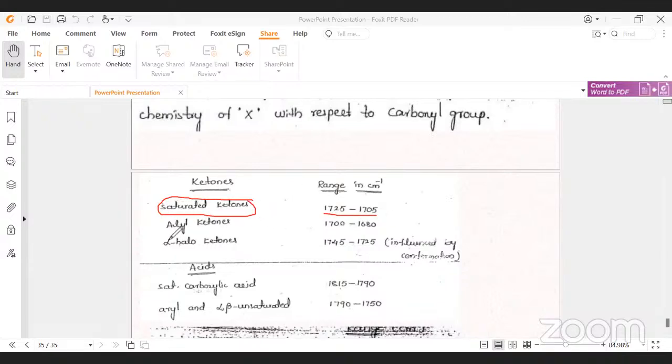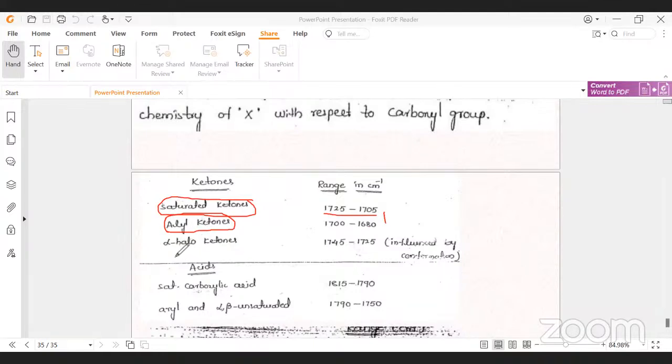Alkyl ketone means the molecule has electron donating groups. If the molecule has electron donating groups, the wave number decreases. Alkyl is an electron donating group.